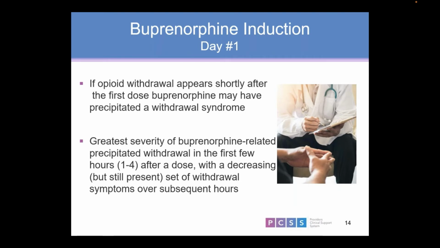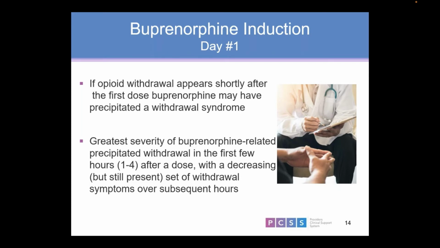At the same time, if it stops getting any worse, and they're still in mild withdrawal, that would be the time that you would give a follow-up dose and try to stop them from experiencing any further withdrawal and stabilize their symptoms.